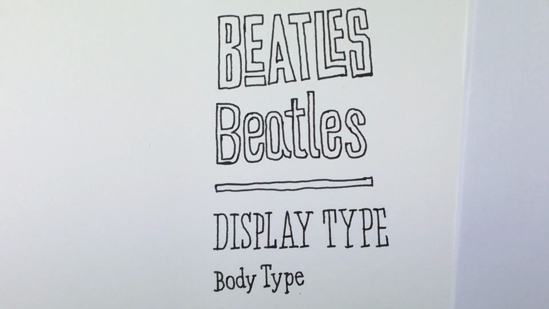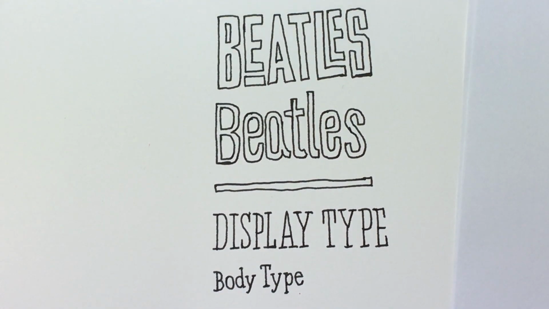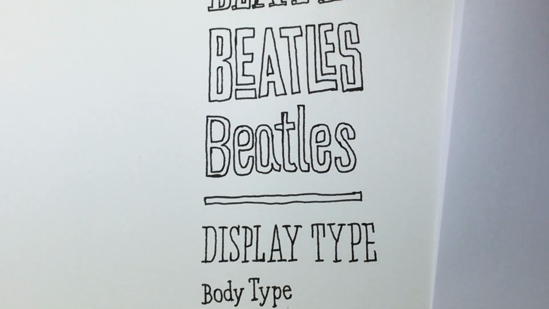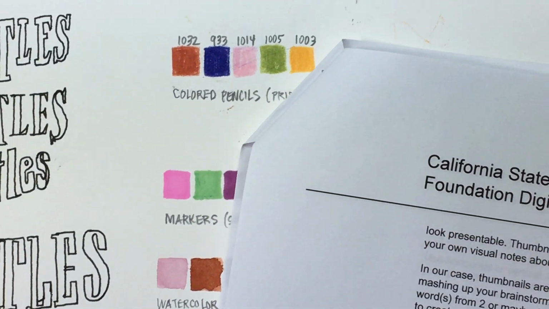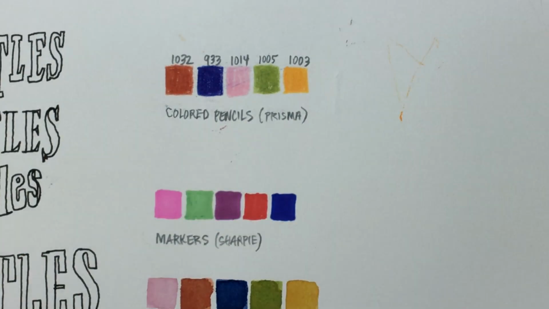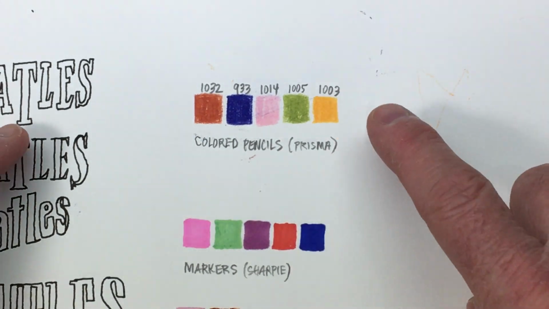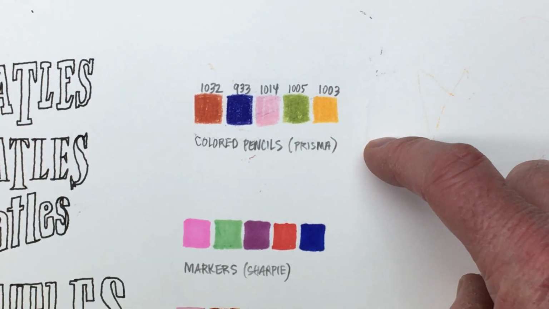What I'll talk about next, now that I have logos, I only have 6, but you need to do 10, is what I need to do next: decide on color. If you're doing this manually, you're going to have to get something to color with. I'm showing you just a couple. This is a colored pencil version.